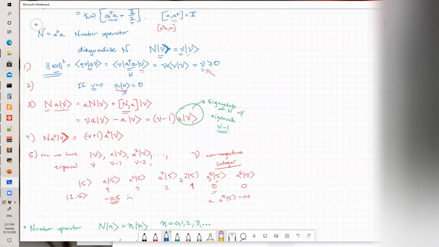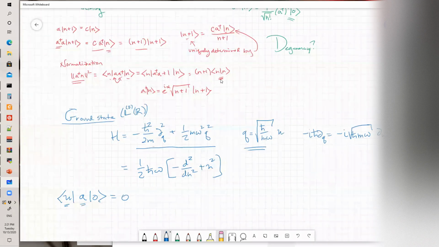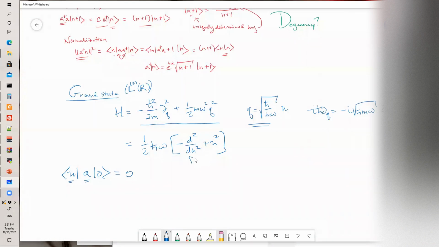A is up here. It's q hat plus i p hat, right? Now we just identify that in coordinate space, this is p hat squared and this is q hat squared. So q hat is u, and p hat is minus i d du.